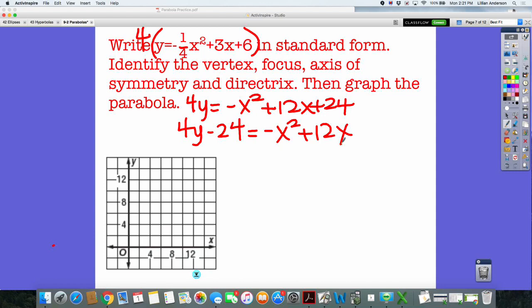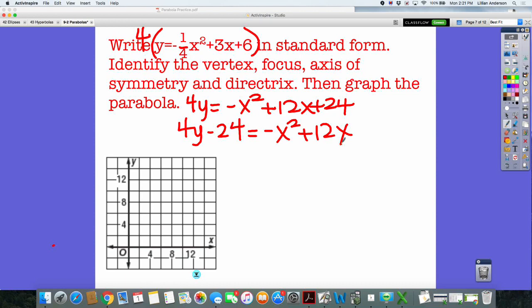The reason we're doing this is because we need to complete the square, and from completing the square, you only want your square term and its corresponding variable together on one side. Okay? When you complete the square, this first number needs to be positive 1. How do I turn that positive?